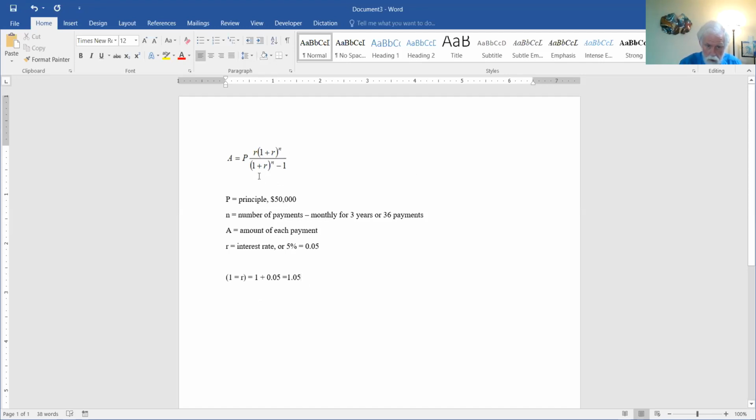The denominator is what we just calculated for 1 plus R to the 36th, subtract 1 from it. Divide those two, and then multiply by the principal of $50,000. And that'll give you the monthly payment. Three-year loans are short, so the monthly payment will be high. Don't be surprised at the number you get.